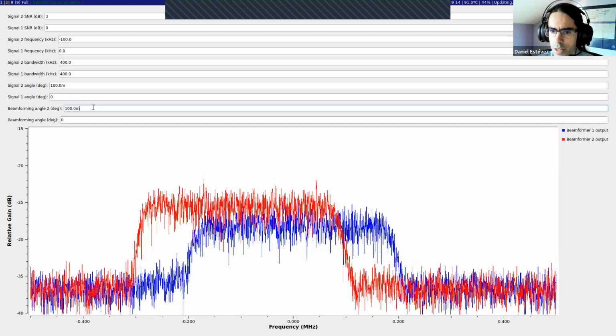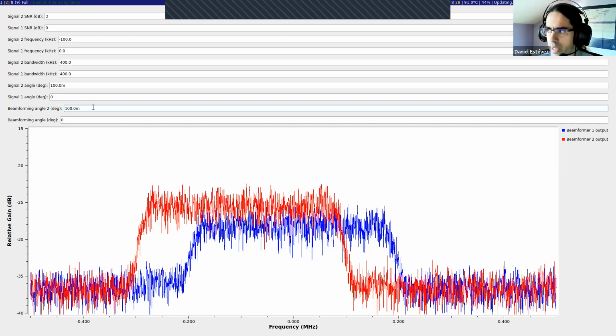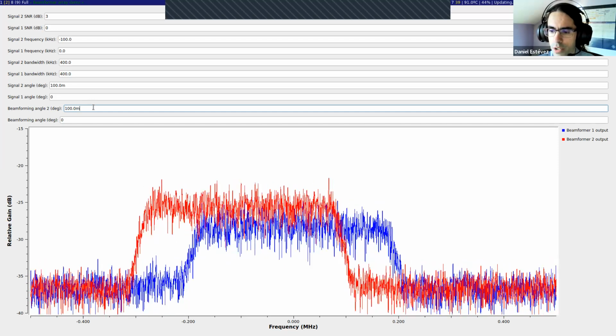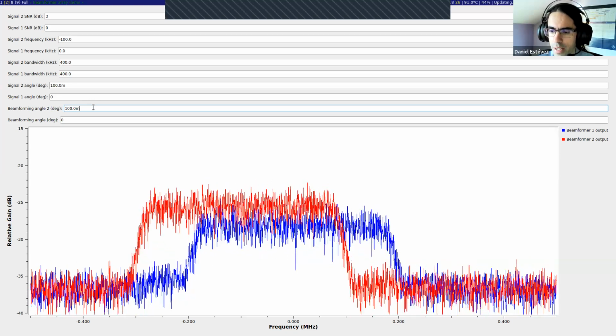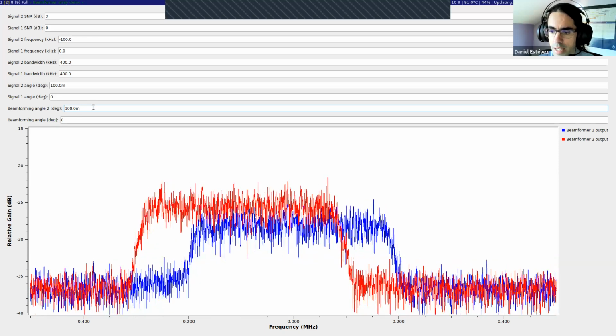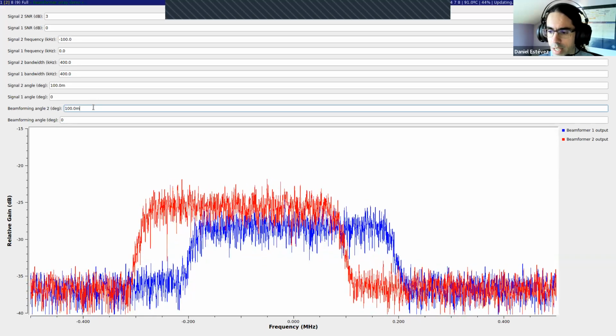The second interesting thing is the so-called commensal observation. So that means there is some other science going on. For example, at the VLA in New Mexico, they scan the sky to make radio frequency maps of the sky.